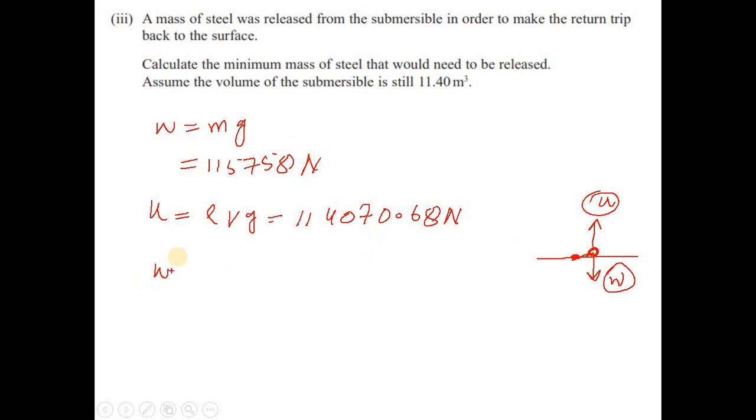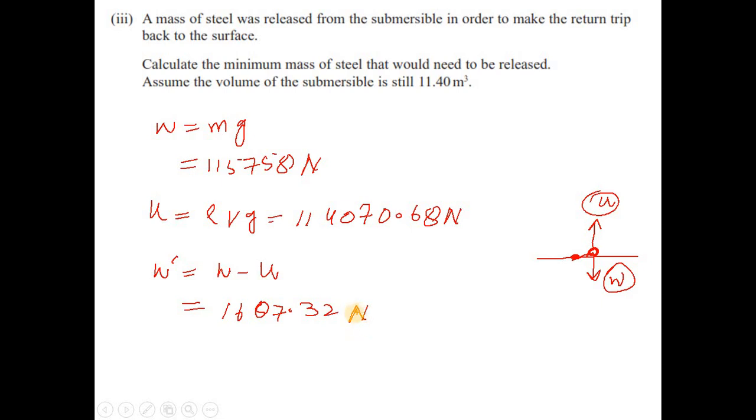So W dash is equal to W minus U. If you subtract these, you have 1687.32 newtons.